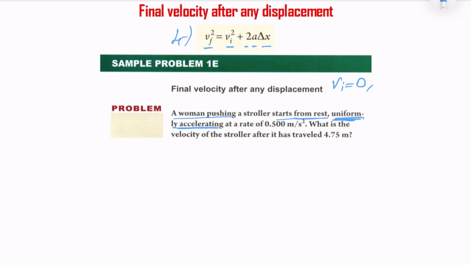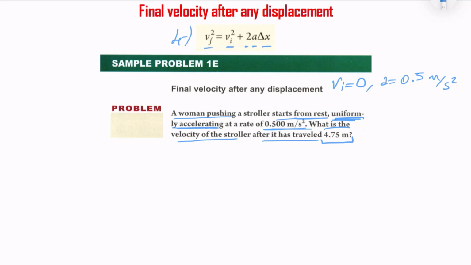When you hear uniform acceleration, when you read uniform acceleration, you are going to use one of those four formulas. This is important. At the rate 0.5 meter per second square, so this is the acceleration.